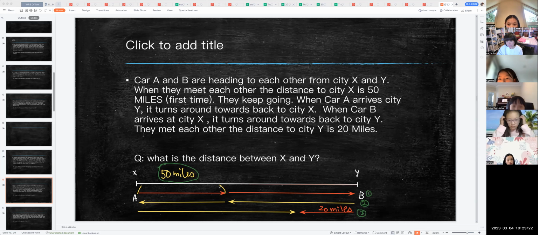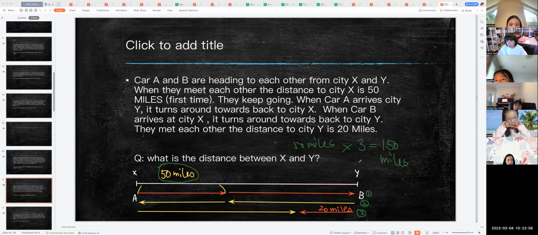Let's take a look. In one distance of XY, A finished 50 miles. Because their speeds are always the same, for three distances, A should have finished 50 miles times 3 equals 150 miles, which is the red line.